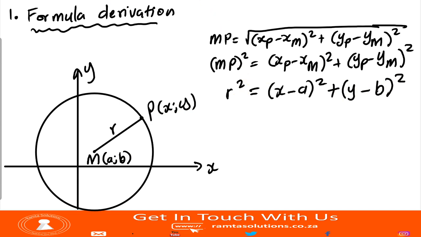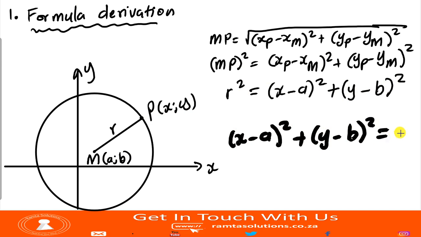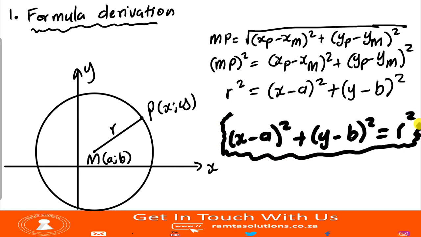Let me write it here. It is basically x minus a all squared plus y minus b all squared equals r squared. So this is the equation of a circle with center not at the origin.